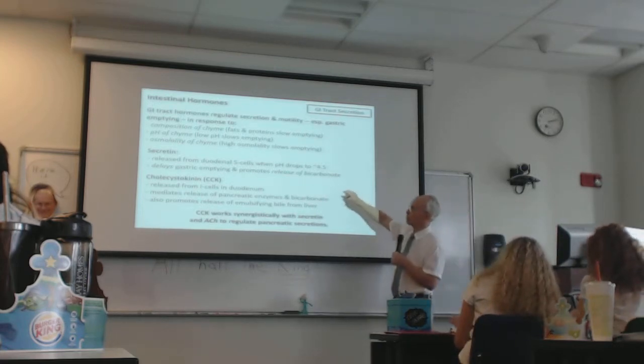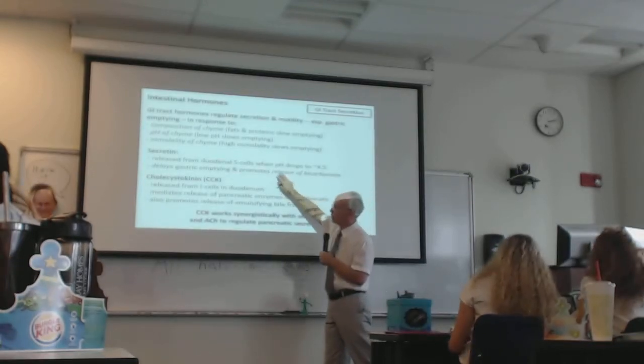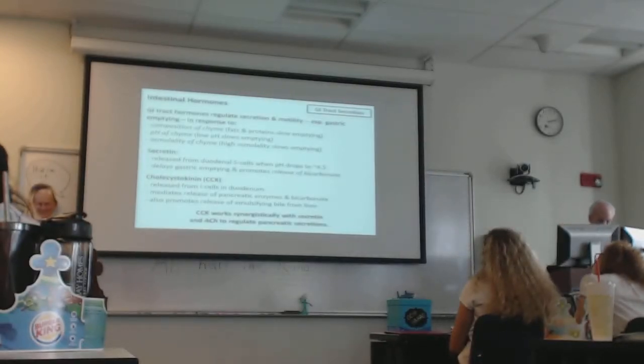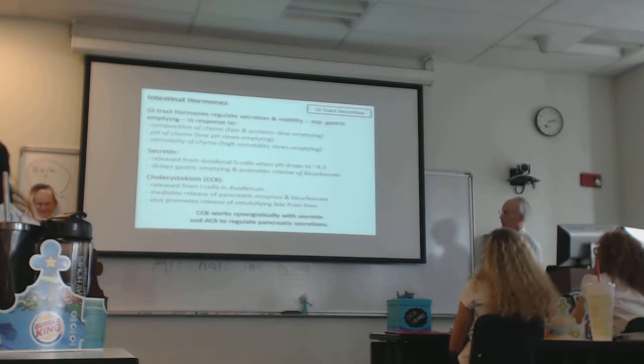And as we saw in that animation, there are a couple of hormones that are important for conveying signals about the composition, pH, and concentration of the chyme from the intestine to the stomach. Because remember, gastric emptying is going to be regulated by that caloric valve, that gastroduodenal junction.